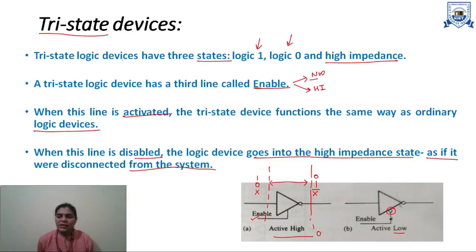You can see an inverter here. So if this enable line is 0, the device will behave in its normal operation. Otherwise, if the enable line is at logic 1, this device will be in high impedance state. So the tri-state buffer shows three states: logic 1, logic 0 and high impedance state.